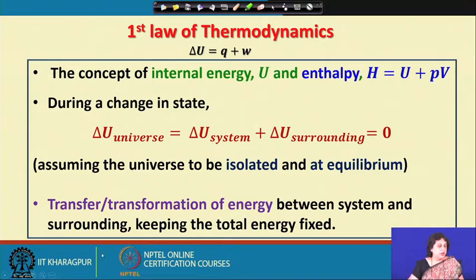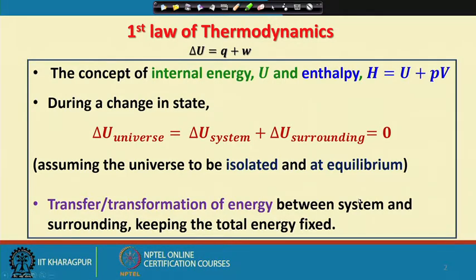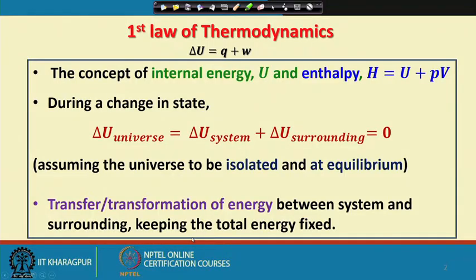And therefore, the first law suggests that when a system is undergoing some change in state, it can transfer some amount of energy between itself and the surrounding, whereas the sum of internal energy of the system and the surrounding remains the same.